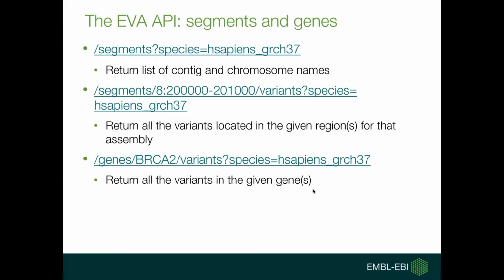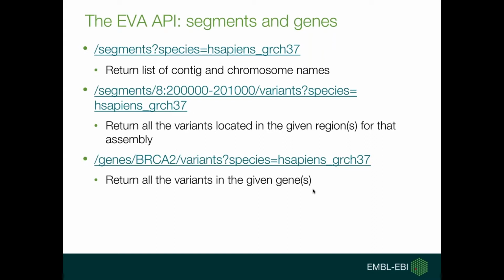The variants will follow the model that we just showed, and we can use the same filters as for any other variants endpoint, like the ones for annotations, the minor frequency, studies, species. In the genes category, we have also a variants endpoint that will return all the variants contained in a given gene.